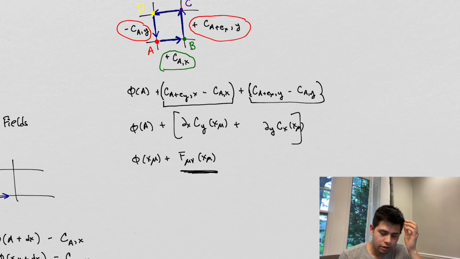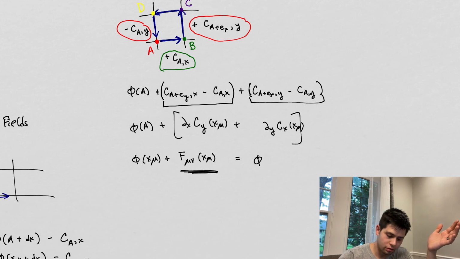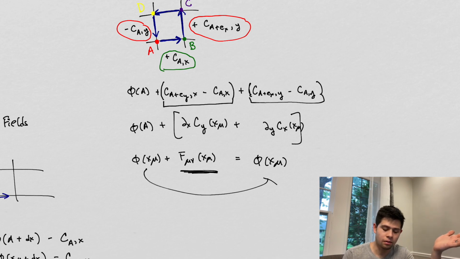And the thing is that this doesn't necessarily end up being zero, because you might think it should be equal to x mu. But if it was equal to x mu, you could subtract it from both sides and get that this is zero. What's interesting is that it doesn't necessarily actually have to be zero.